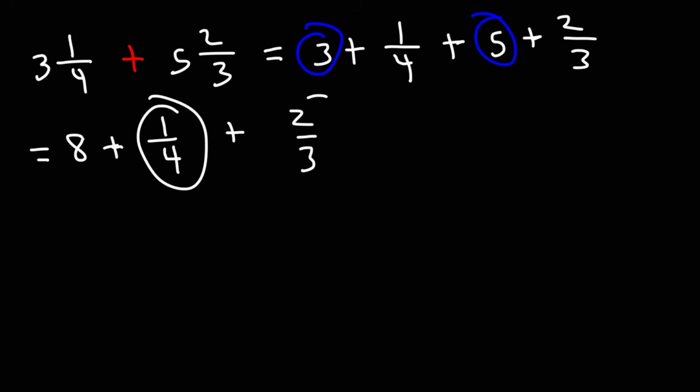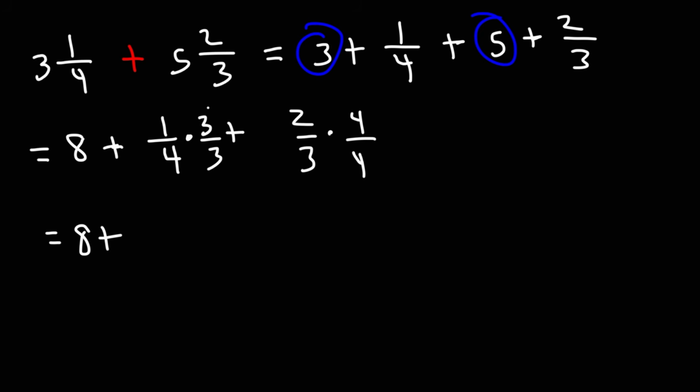Now what we need to do is add those two fractions together. And in order to do that, we have to get common denominators. So we're going to multiply this one by 3 over 3, and this fraction by the other denominator, 4 over 4. So we have 8, and then plus 1 times 3 is 3, 4 times 3 is 12.